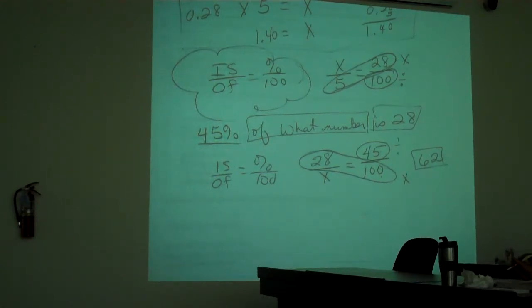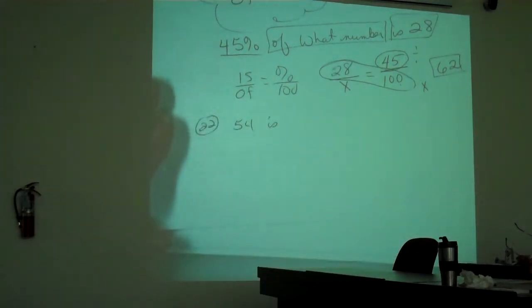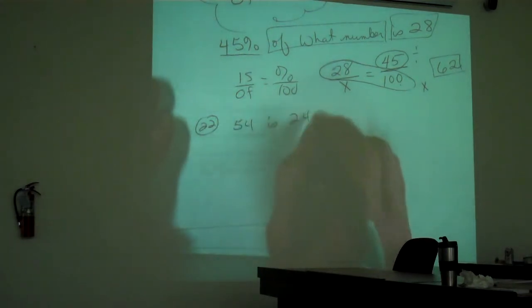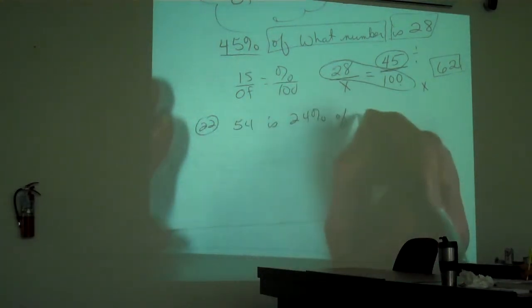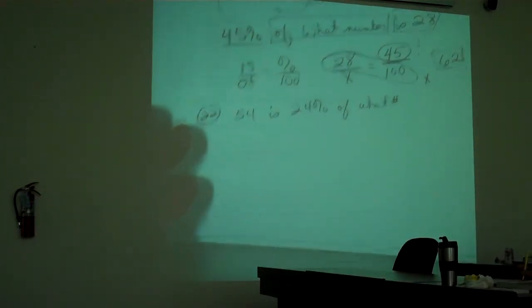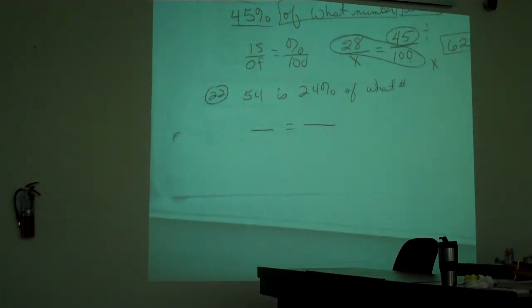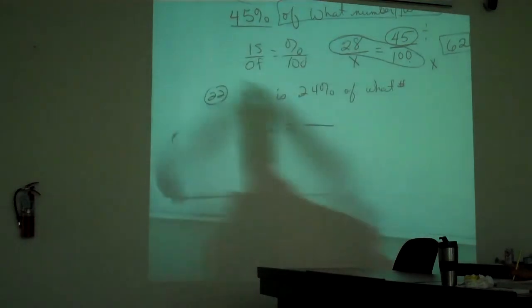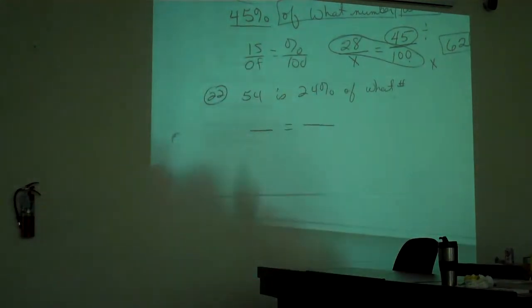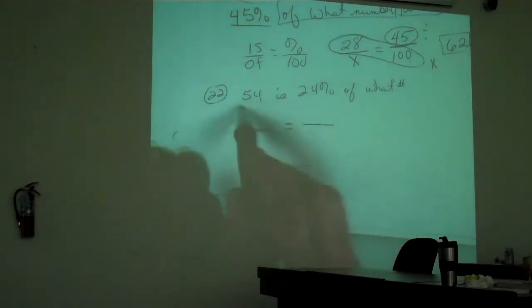Let me see. Let's pick one. Number 22 says 54 is 24% of what number? Okay, put your proportion there. You don't have to write the whole thing down every time. What is your is? 54 is your is.